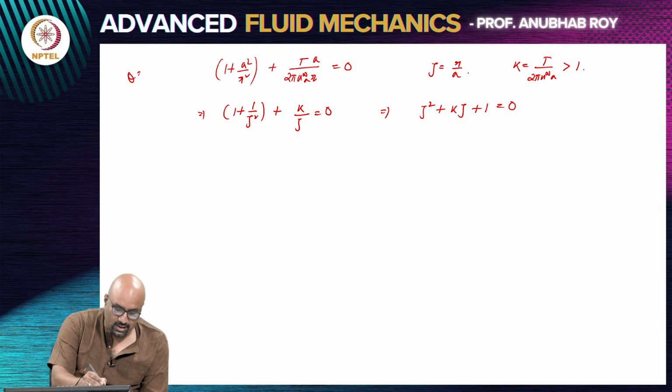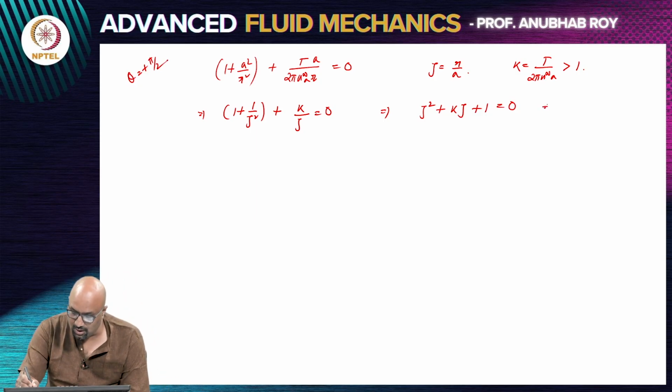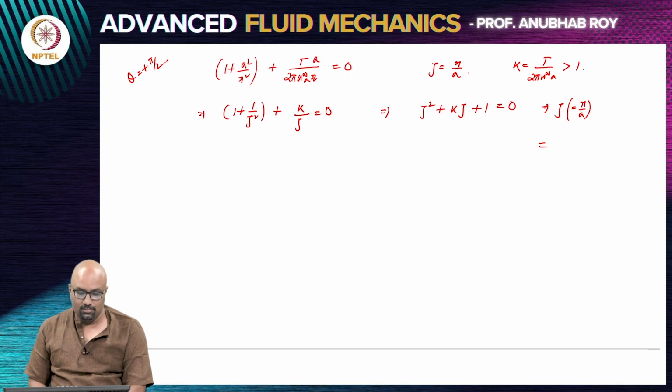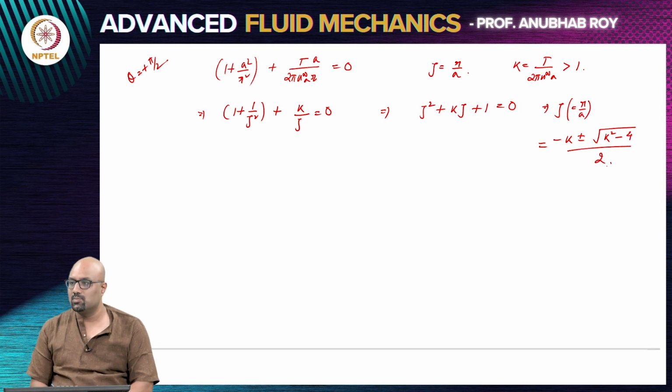This is when theta is equal to plus pi by 2. Now, if you solve this equation, zeta, which is equal to r by a, you are going to get minus k plus or minus square root of k square minus 4, by 2, right?